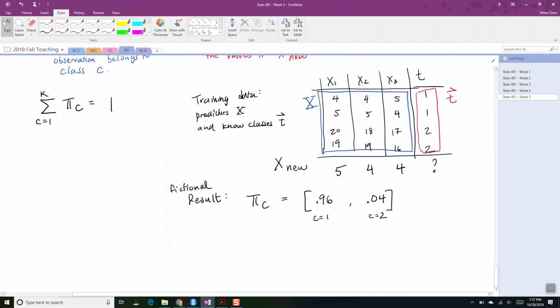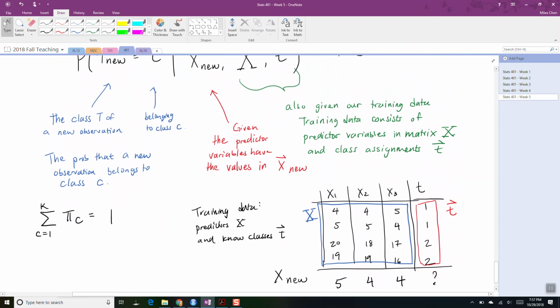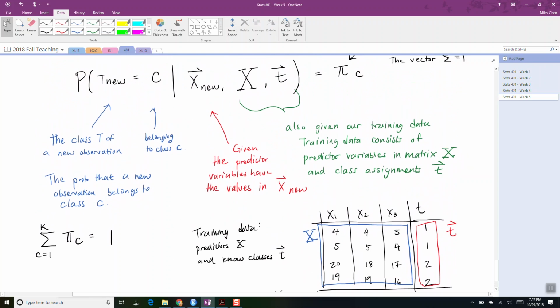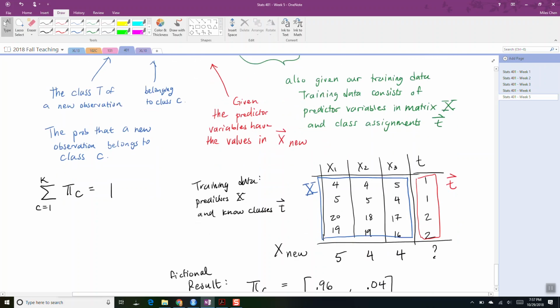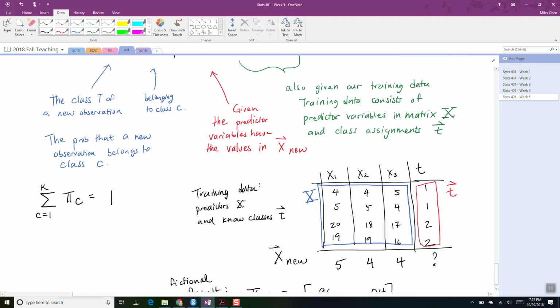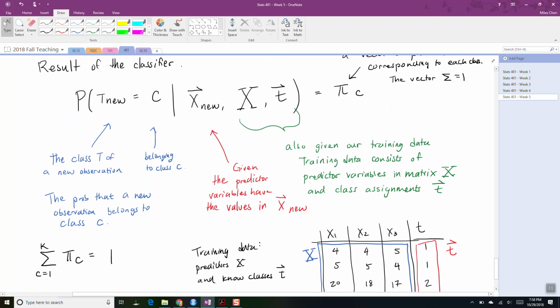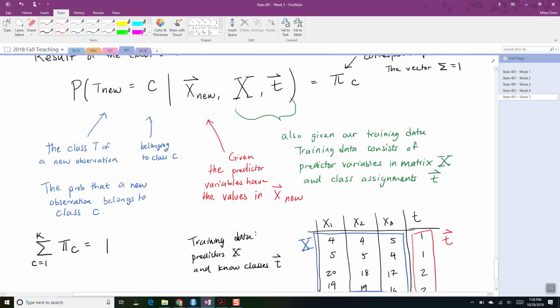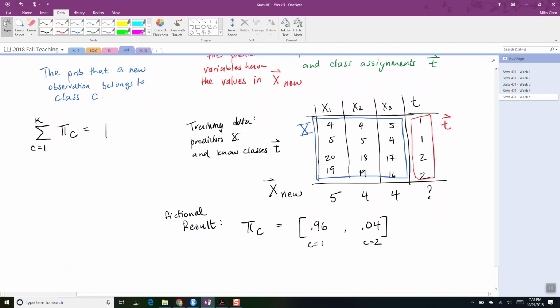So we say based on the training data X, our known labels T, if we are given a new X value, 5, 4, 4, what are the probabilities that the T belongs to class C? The Bayes classifier would produce values like 0.96 and 0.04.